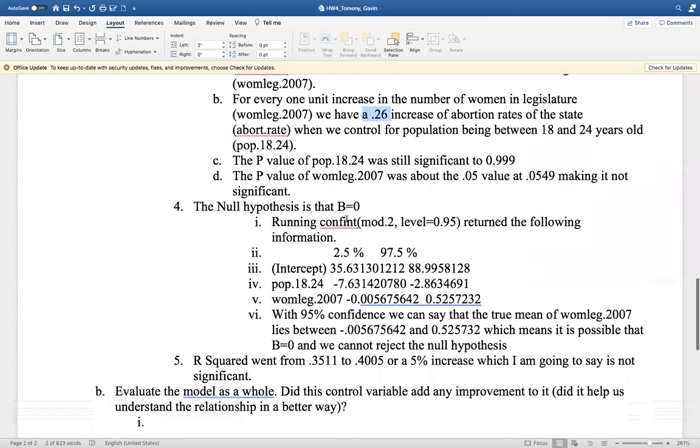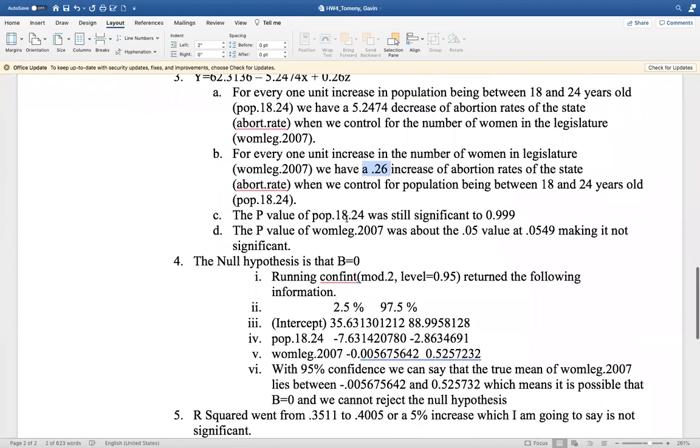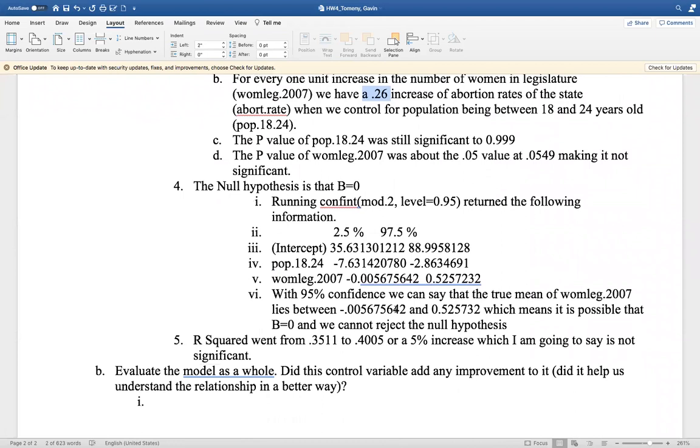Yeah, so like I said, I feel like the p-values are the most important things, p-values and then R squared. On this, we see that with the first one, the R squared was 0.35, or 35%, and then it went up to 0.4. So it's basically a 5% increase.